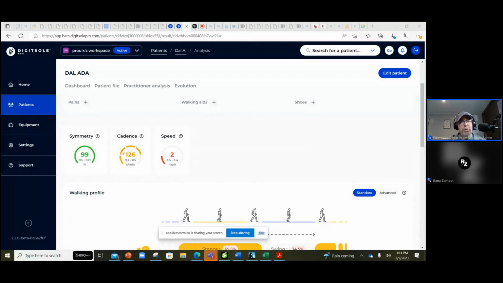This amber color means that it's approaching, so it's on the outside of the normative values and approaching an abnormal value. And so I may want to take some time and look at that. And then the red means that it is outside of the normative values. So where do we get those values? They're normative values from the literature or the system that are embedded inside the software.